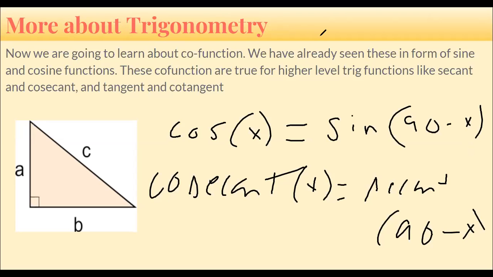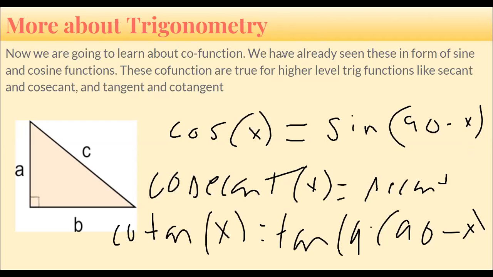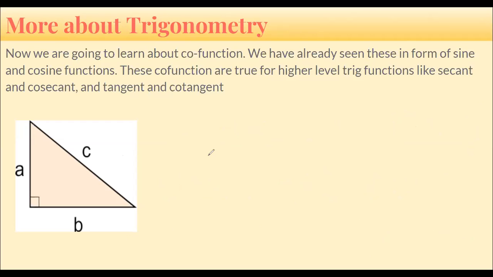So cotangent x is equal to tangent of 90 minus x. This is how you get cosine, cosecant, and cotangent. It's basically cofunctions. I would recommend knowing this because I have taken the SAT and they have about two to three questions that directly do this.